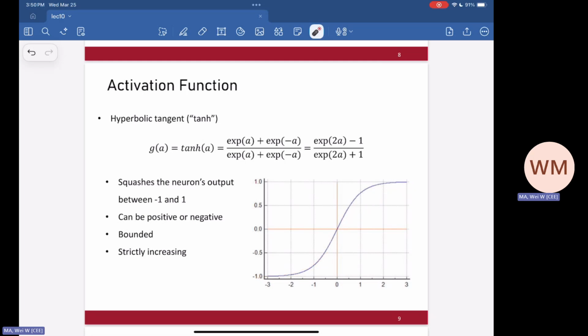This is a little different from the sigmoid, which is 0 to 1, while this one is -1 to 1. It's also bounded, strictly increasing, and nonlinear. In many cases, tanh and sigmoid can be used interchangeably, since these two are quite similar.